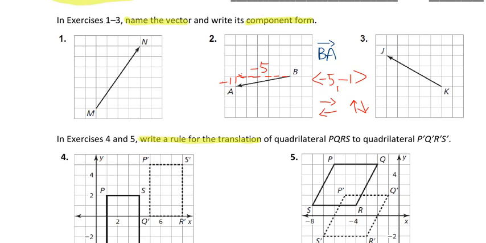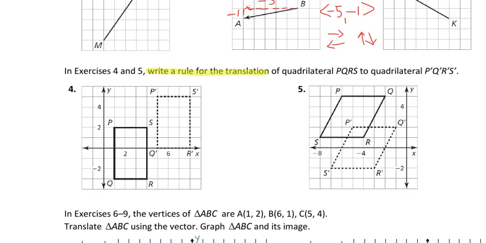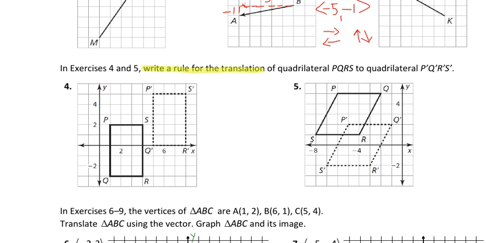Let's do number 4 here. So whenever you have to write a rule and the translation is already done, like this one, or like number 5, the translation is already done. We have the original figure and the image. The first thing that we need to do is to identify which one is the original and which one is the image, or which one is the pre-image and which one is the image.